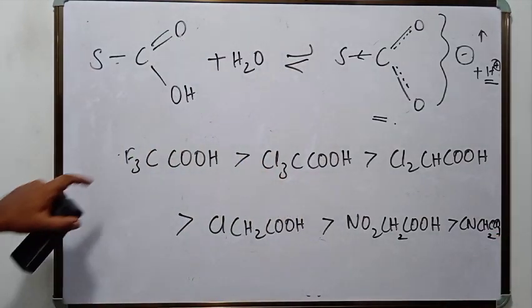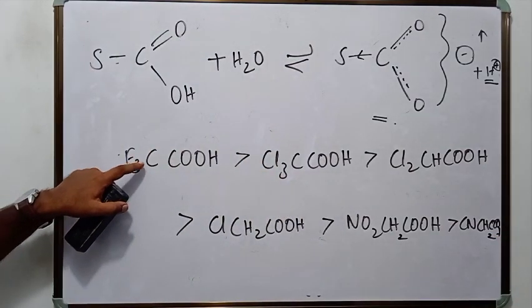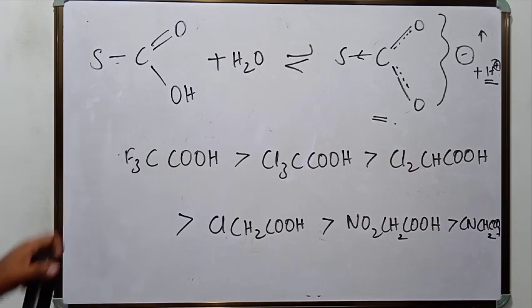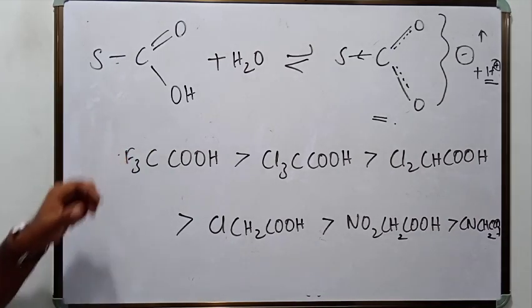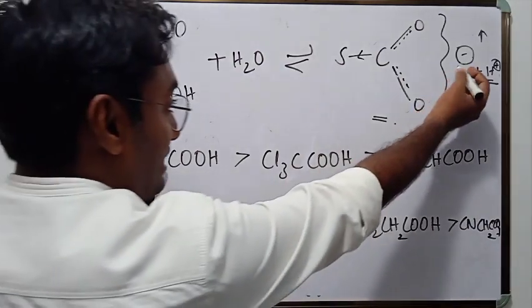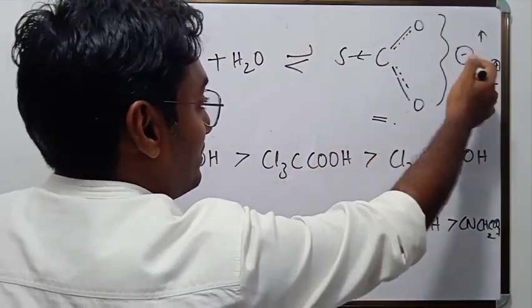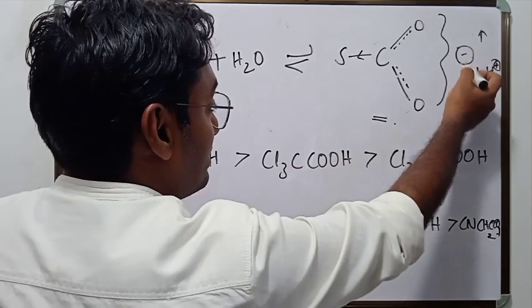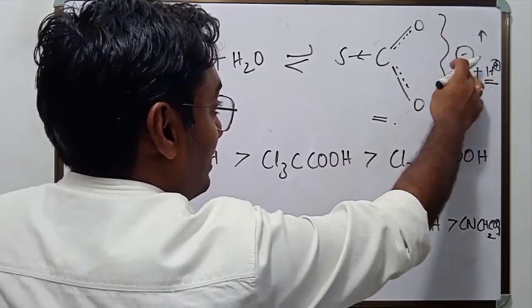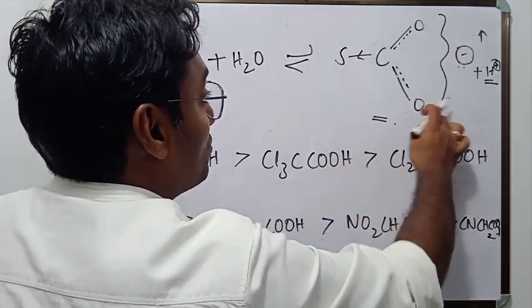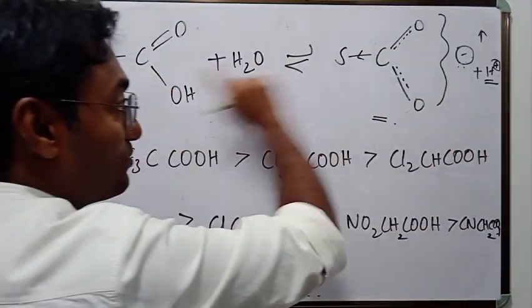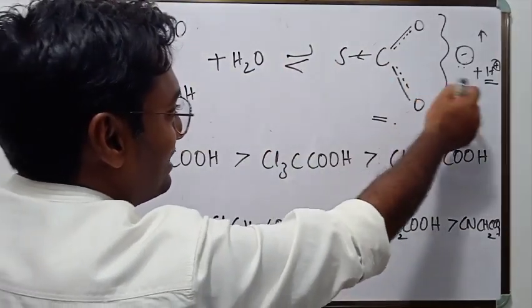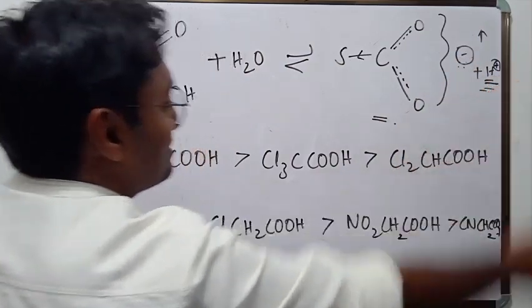Why is this the most acidic? Because this is the strongest electron withdrawing group. When the strongest electron withdrawing group is present, the negative charge will be decreased to a great extent. That would mean that the carboxylate salt will be very, very stable, the reaction will proceed towards the forward direction, and more H plus will be released into the system.